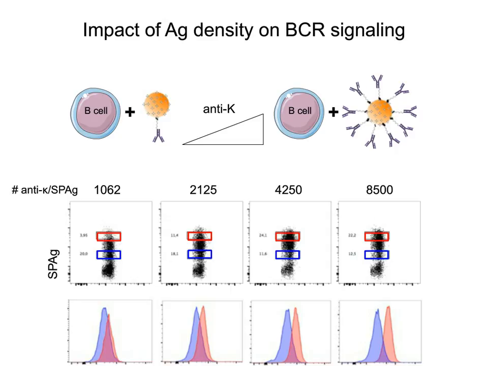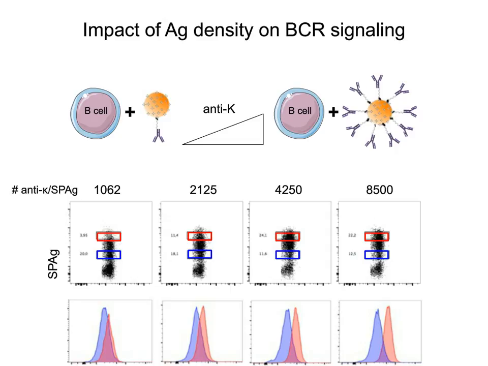If you look at the B cells in the red gate, they have the same SPAG fluorescence, so they have bound the same amount of SPAG, but because the SPAG have a different amount of anti-kappa at the surface, the phospho-BLNK signaling in the different red histograms is going higher with the increase in anti-kappa at the SPAG surface.